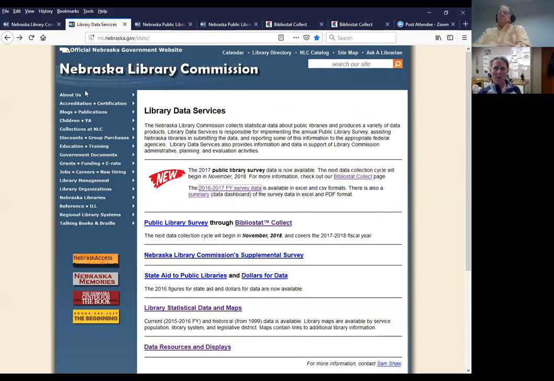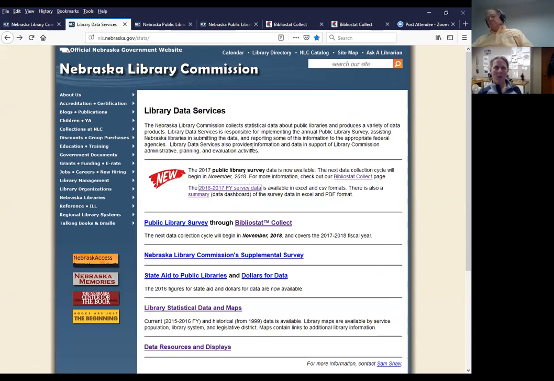One thing to keep in mind, I get a lot of requests from libraries that just want to look at their peers. They want to look at the data that's used on the accreditation application just for their particular peers. And I have the back-end data for that. When you log into your accreditation application, it just gives you the peer median and mean.